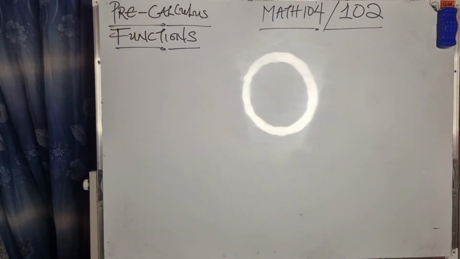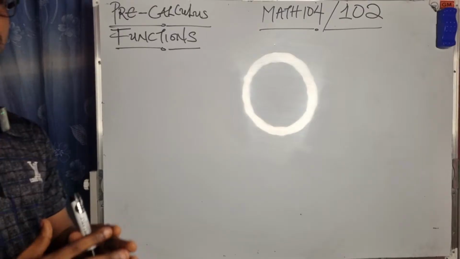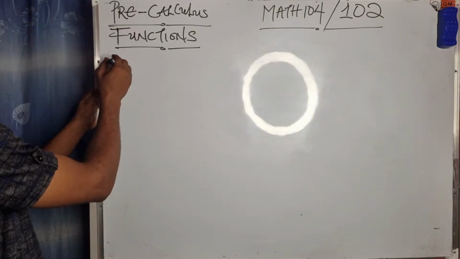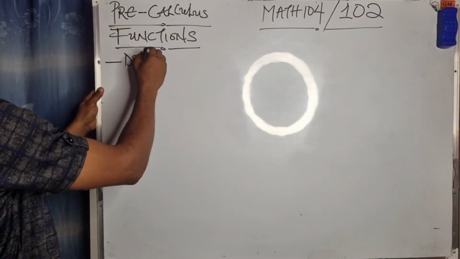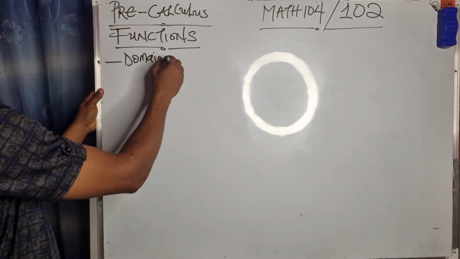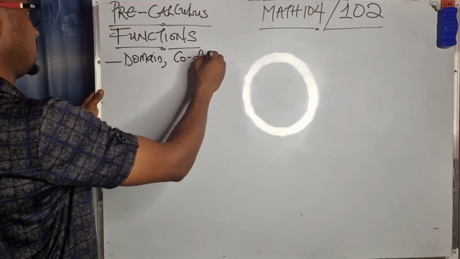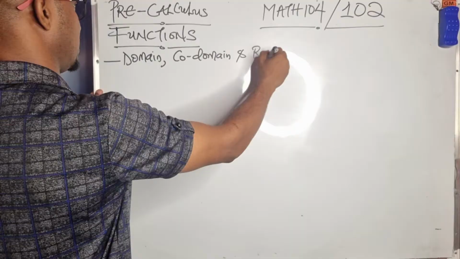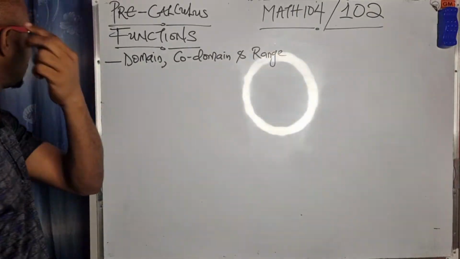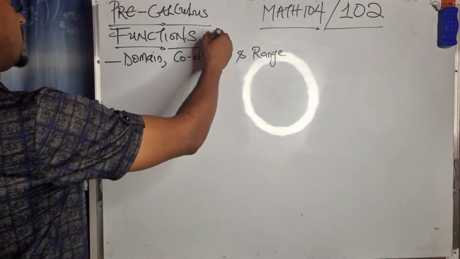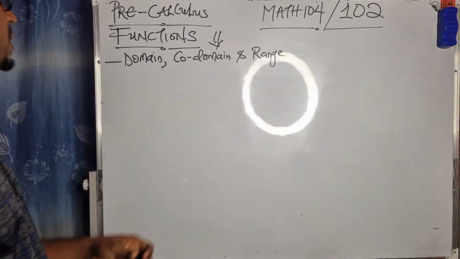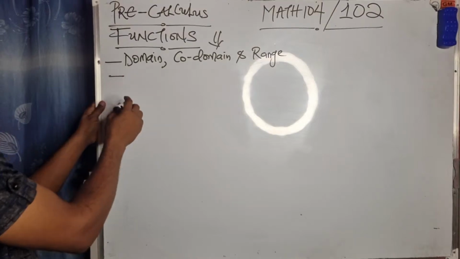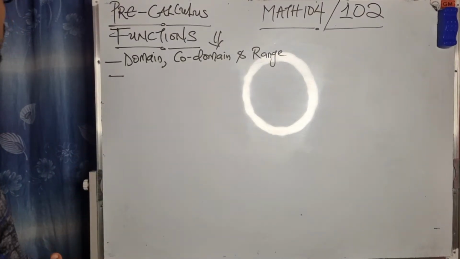Apart from that, we talked about the three major terms used in function: the domain, the codomain, and the range. And we were able to define them.